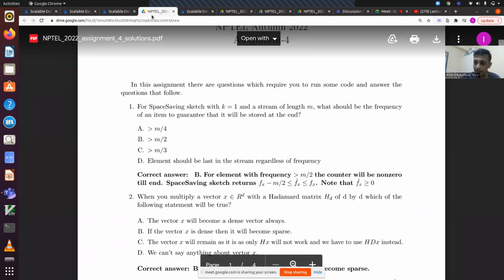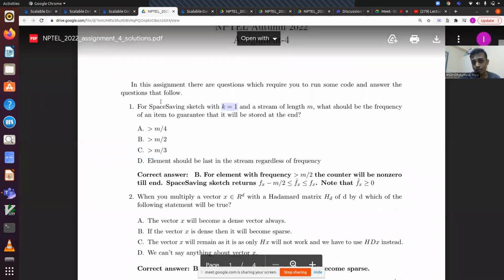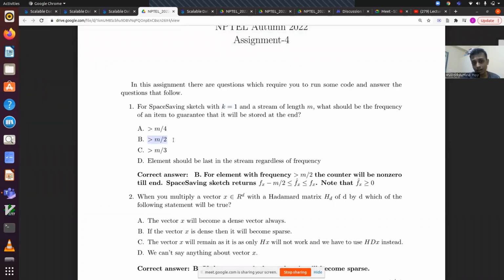So if some element occurs more than m/2 times, then that will be saved at the end, because that is the majority element. Since it occurs more than m/2 times, the rest of the elements which occur less than m/2 times are not enough to cancel it out. So with k equals 1, which means there is only a single counter, what should be the frequency to guarantee it will be at the end? It should be greater than half.